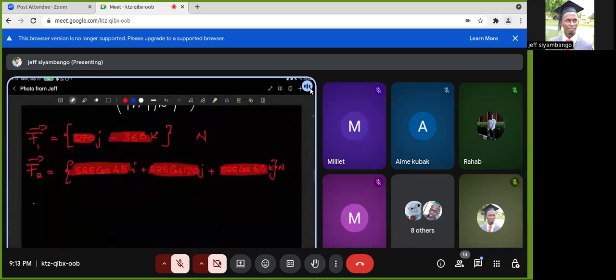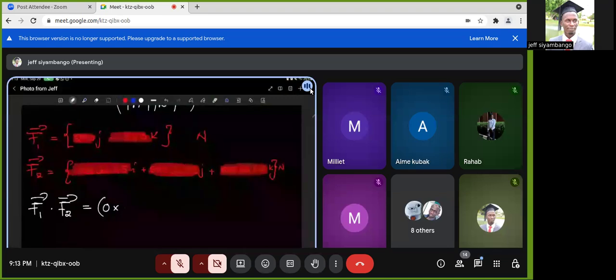So how do we get a dot product? The dot product for F1 dot F2, we know the order doesn't matter in the value. Multiply the x components. From F1 there is no I, meaning the I part must have been 0. From F2, there is I, which is going to be 525 cos 45. Of course, that doesn't mean this will be 0. Plus, now you go to y.